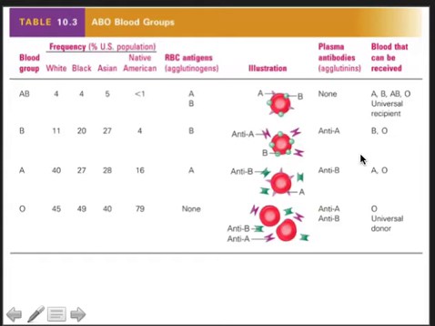Now, you may have been wondering, okay, well, that's all well and good. Why is it that we only have to worry about the recipient's antibodies reacting with the donor's antigens when we're looking at a transfusion scenario, and we don't have to worry about the donor's antibodies and the recipient's antigens?